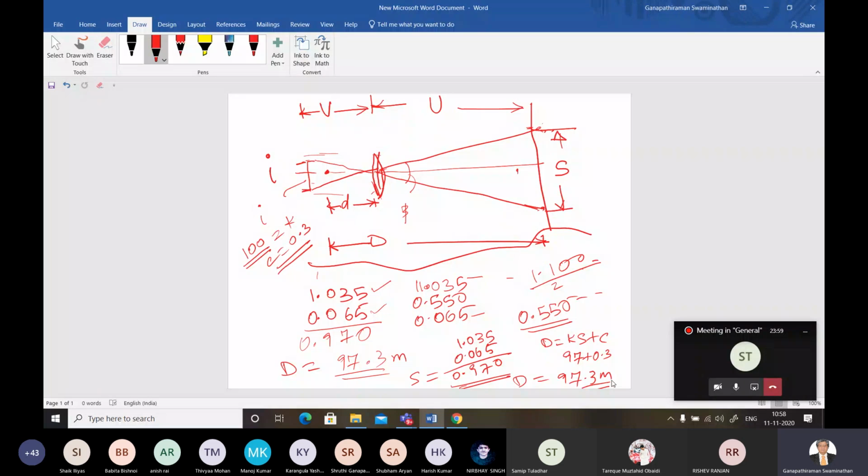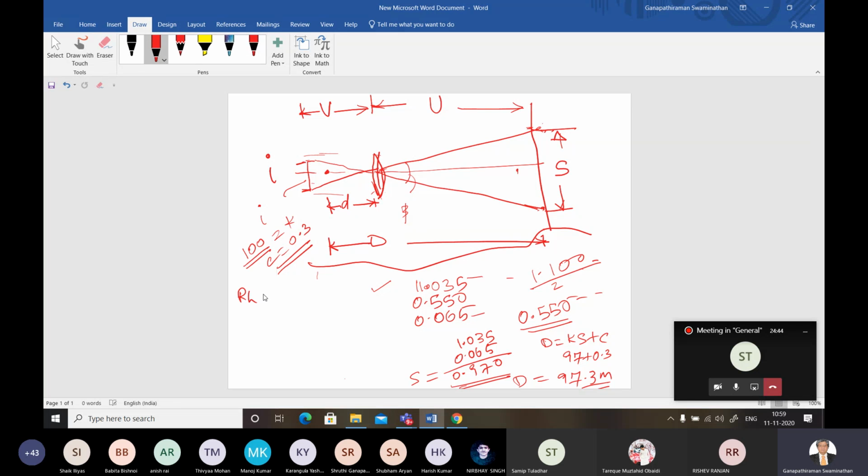Suppose the height of instrument is 1.5 meter, and RL of the instrument point is 100. What is the RL of the staff point?